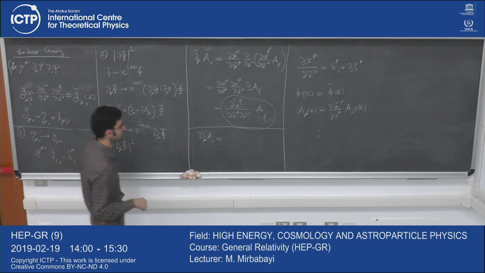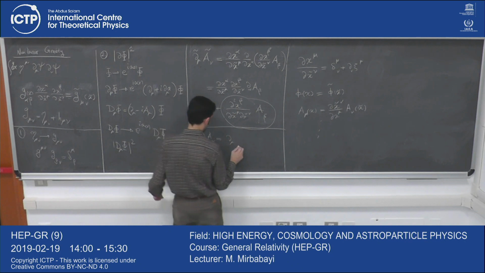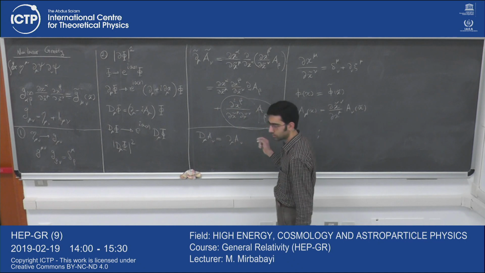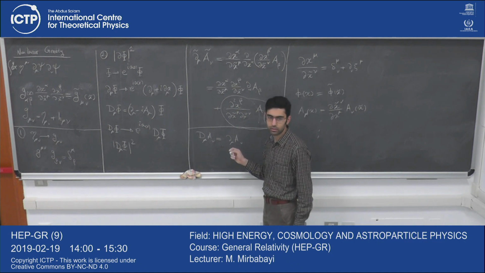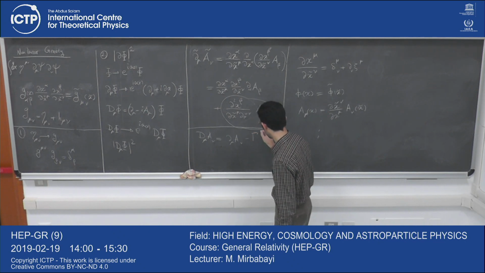So we construct this covariant derivative by adding something that depends on derivatives of h mu nu, which we call Christoffel symbols.